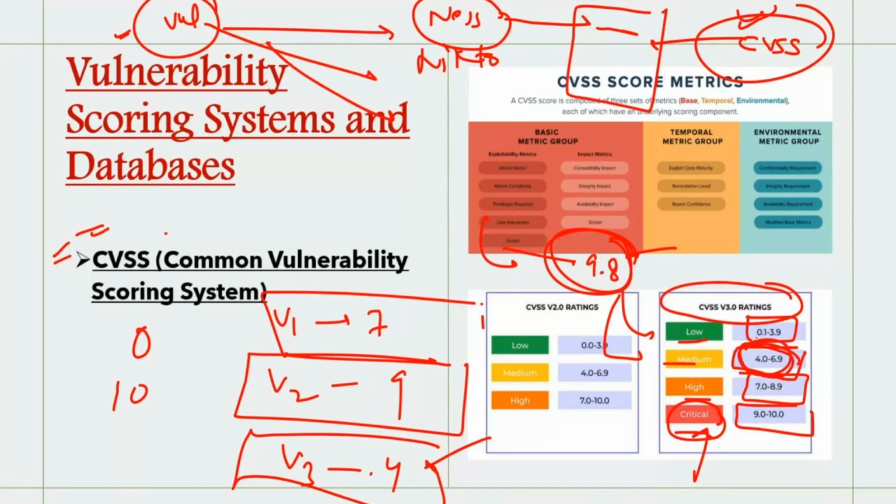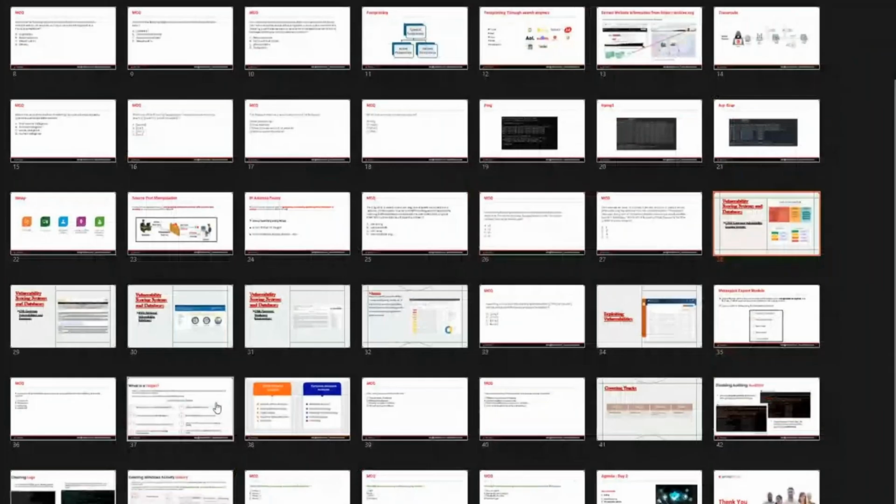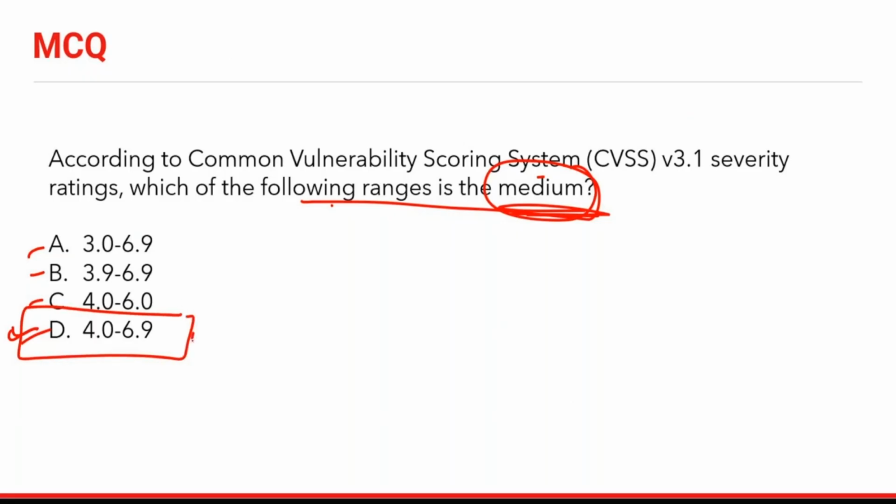This one. So what is the correct answer now? D is the correct answer. So you have to memorize CVSS version 3.1 there. What category, what is the range for that?